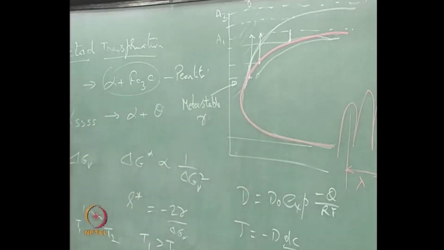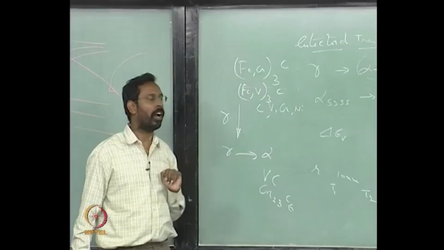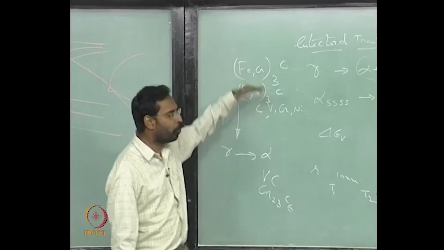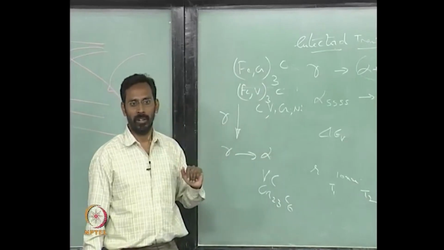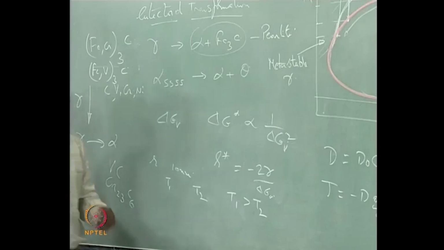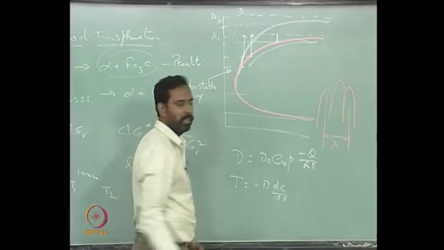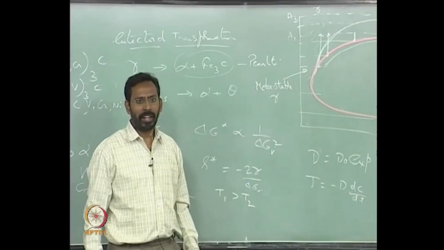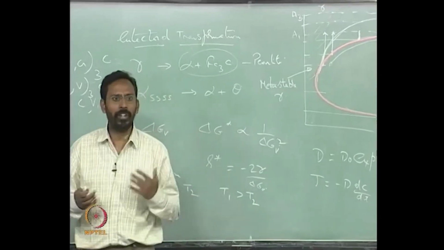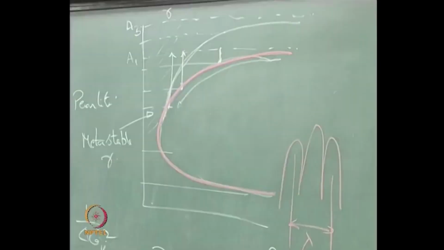Now let us look at this particular transformation which we started talking about. Let us say I am cooling it fast and bring it to a temperature below this, somewhere here. At that temperature the diffusion of iron and carbon are both becoming slower.